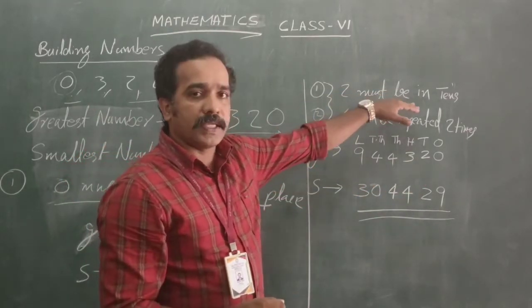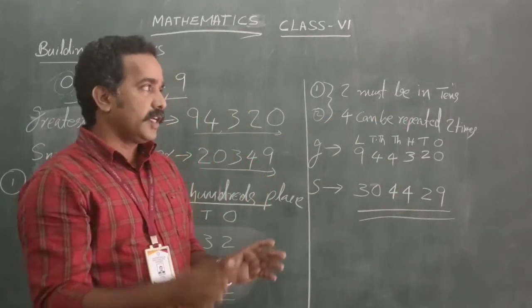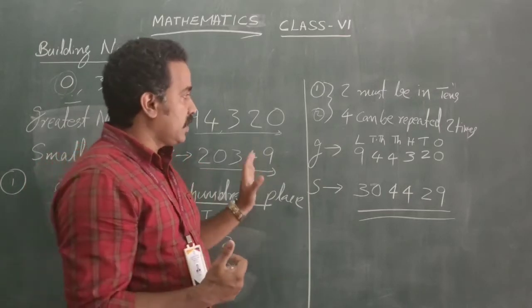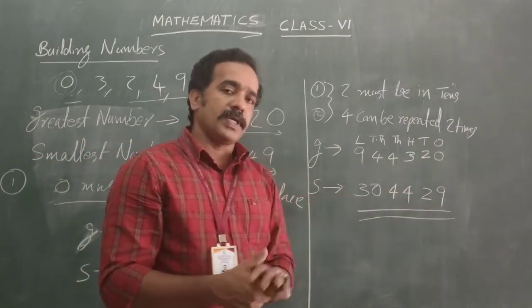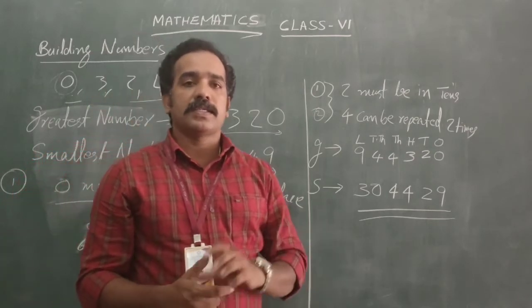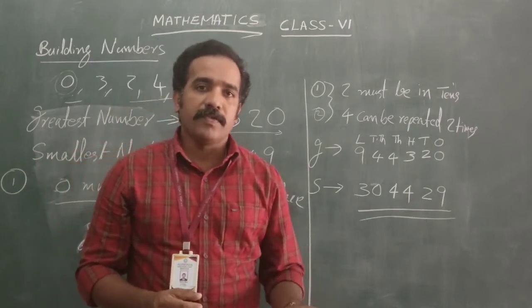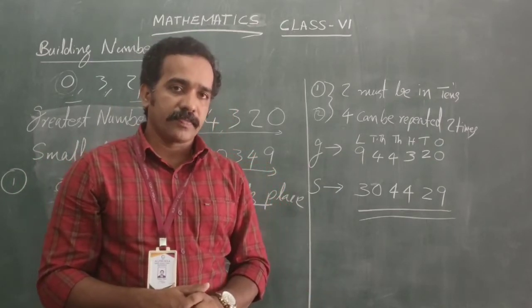If any place is specified, that place digit you can write first. Then using the remaining digits, fill up all other places. So that is building the biggest and the smallest numbers using the given digits.